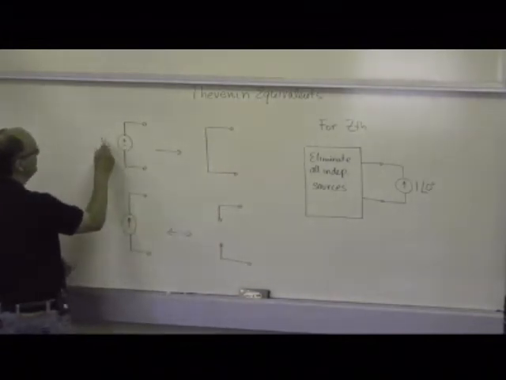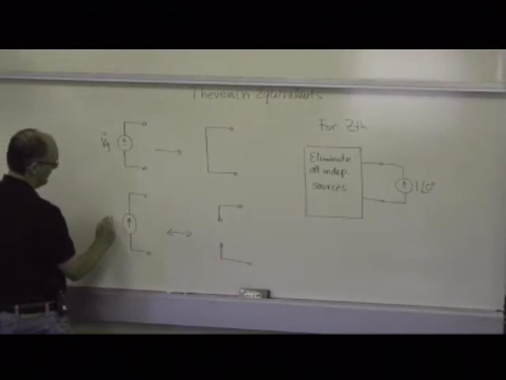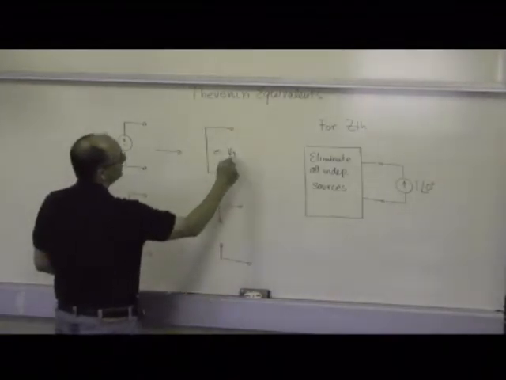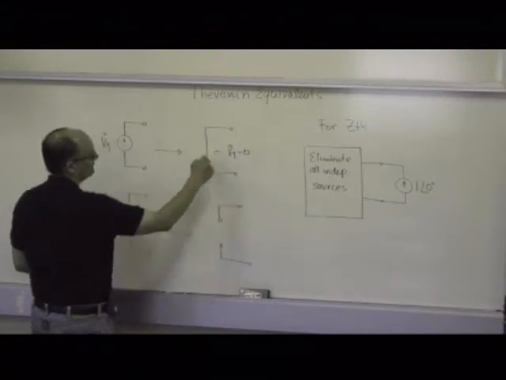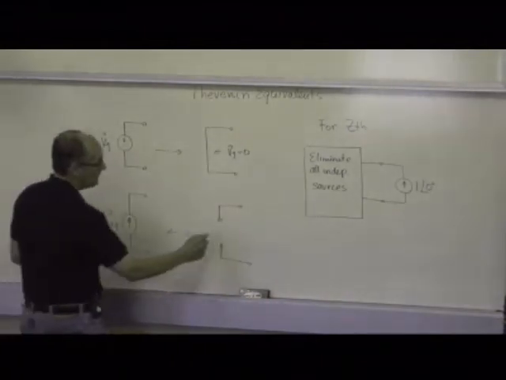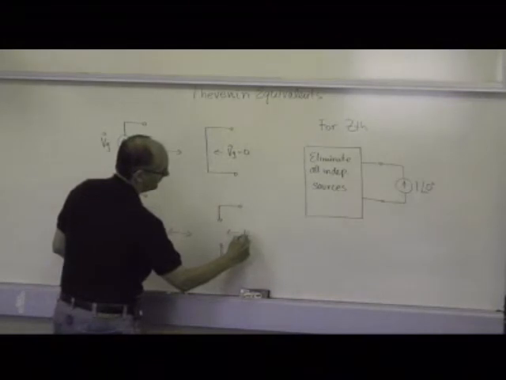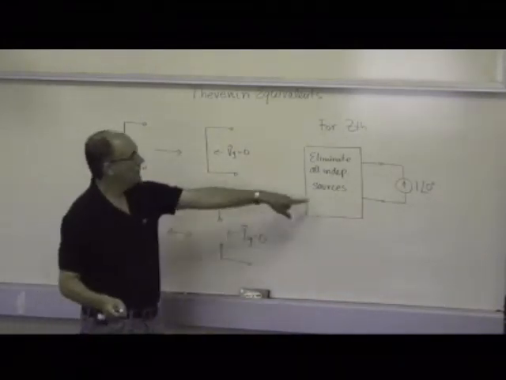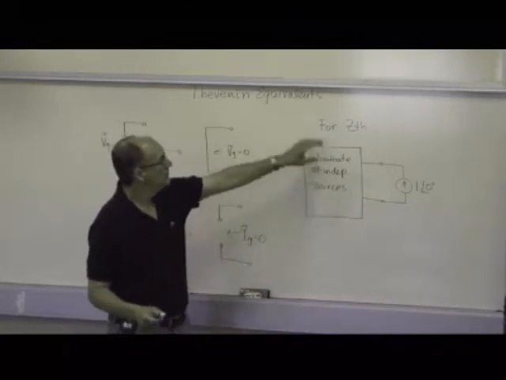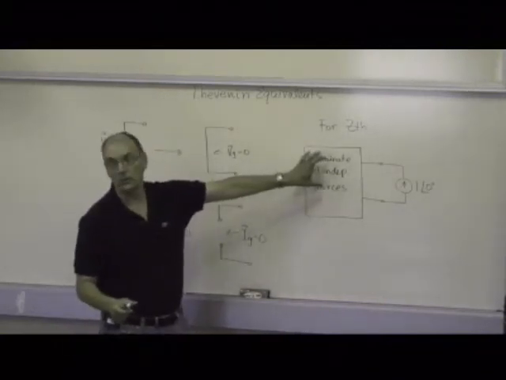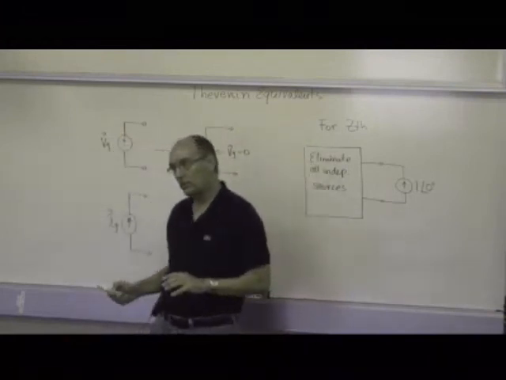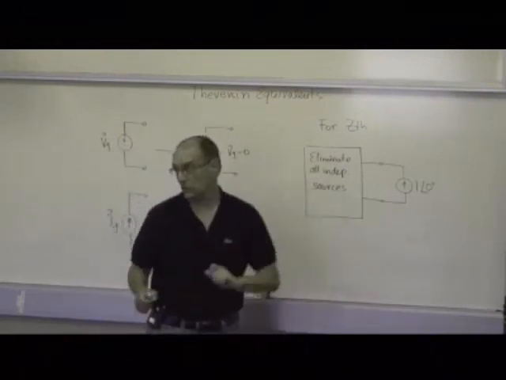If this is VG, and this is IG, this would correspond to setting VG equals 0. It's just a piece of wire, and this would correspond to no current. So what you effectively have to do here is short out all your voltage sources that are independent, open up all your independent current sources, and don't touch control sources.